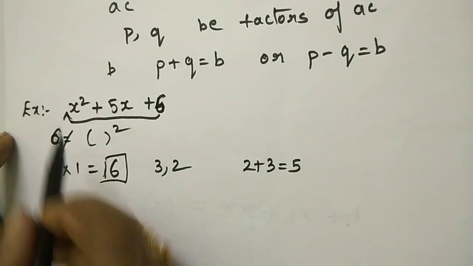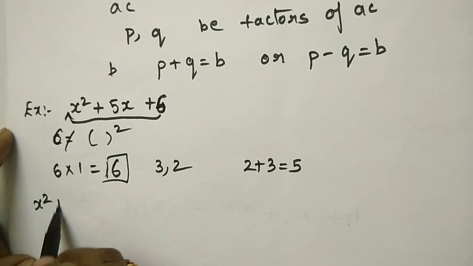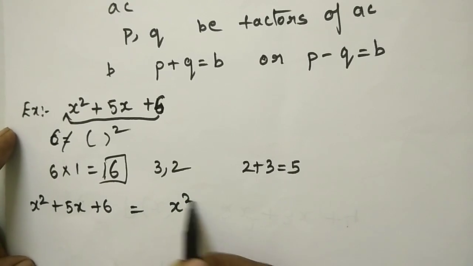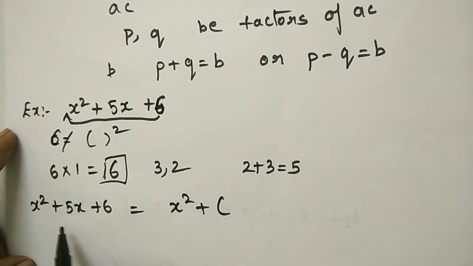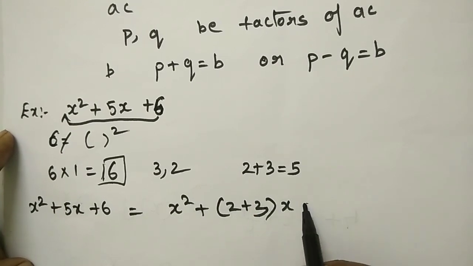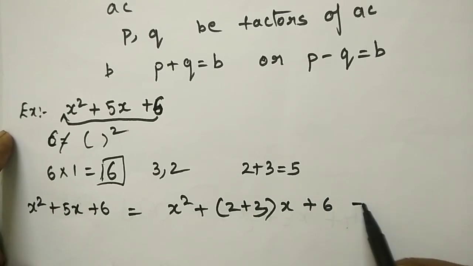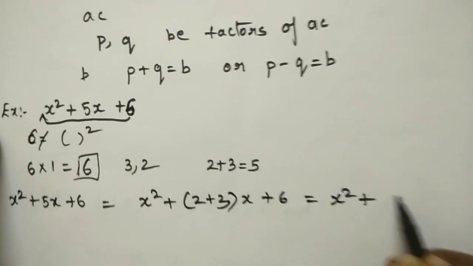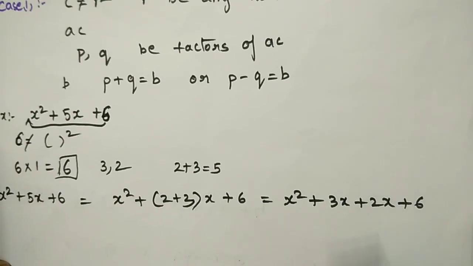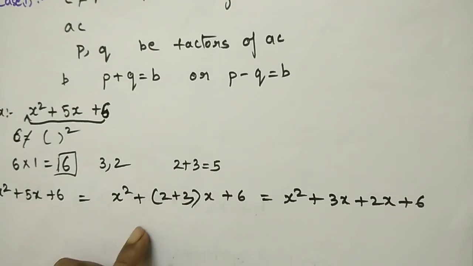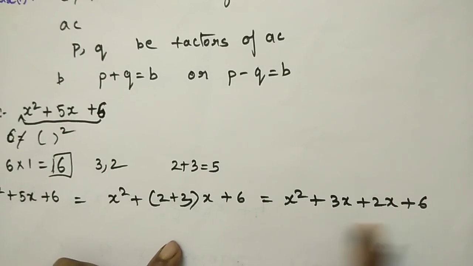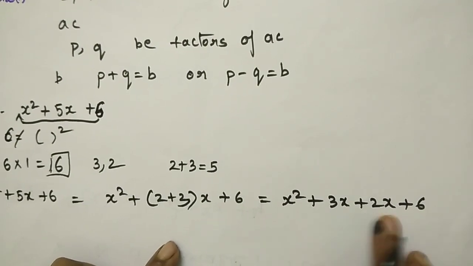So this x square plus 5x plus 6 can be expressed as x square plus, in place of 5, simply write 2 plus 3, into x plus 6. This is equal to x square plus 3x plus 2x plus 6. I have taken 3 to the second place because it will be easy while grouping these terms.